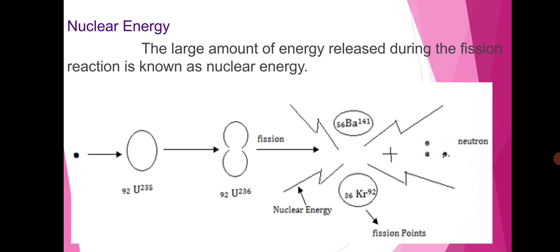So already we have discussed that nuclear energy means the amount of energy released during the fission reaction and fusion reaction. Normally, artificially we carry out nuclear fission reactions. At that time the amount of energy released is called nuclear energy.